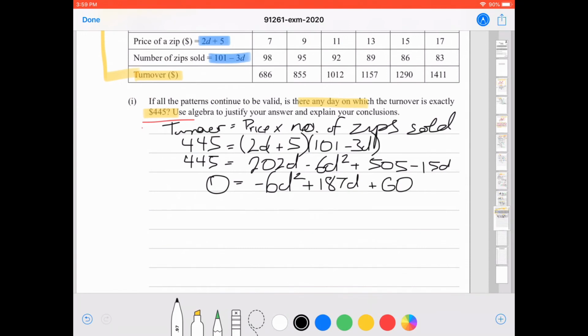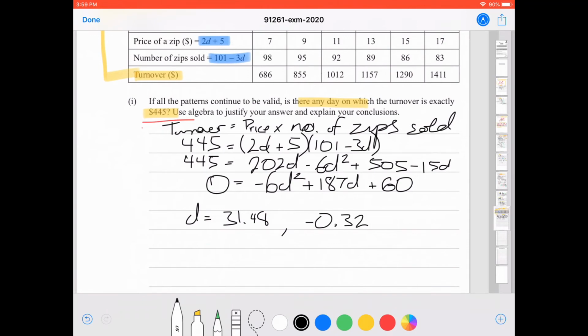Now at this point, let's just use our quadratic solver. So we've got negative 6 is our A term, 187 the B term, and 60 for the C term. And so D must equal, well, it does equal 31.48 and negative 0.32.